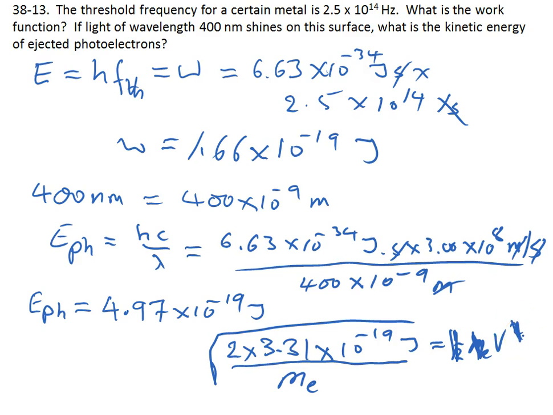Now, you need to know or look up the mass of the electron. The mass of an electron is 9.1 times 10 to the minus 31 kilos approximately. So I'll write that in directly.